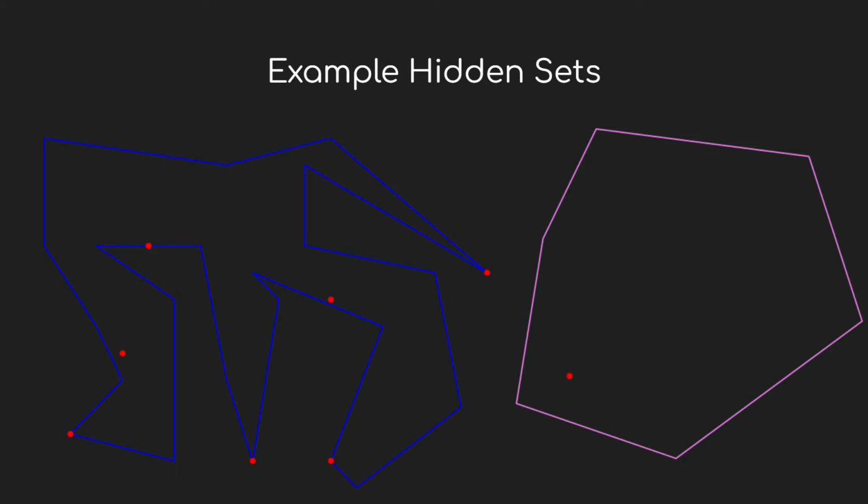And on the left, we have a hidden set within just a random polygon. As you can see, if you drew a line segment between any pair of those points, that line segment would go outside of the polygon. As a result, the set of points is referred to as a hidden set. Now that hidden set is not maximum. It is not the maximum amount for that polygon.